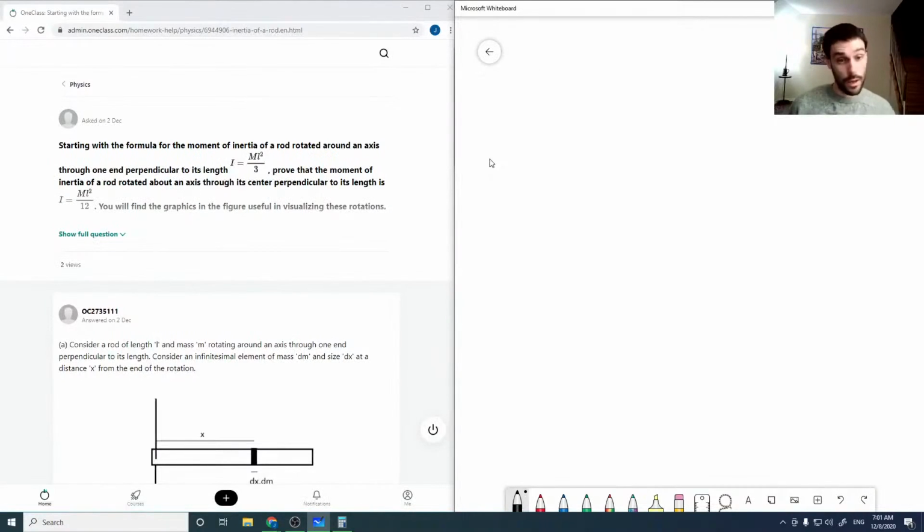Okay. Or this lesson, in fact. So starting with the moment of inertia for a rod rotated around an axis through one end. So if we have a rod and it has some length L, it gives us that the moment of inertia about this axis is ml squared over 3.